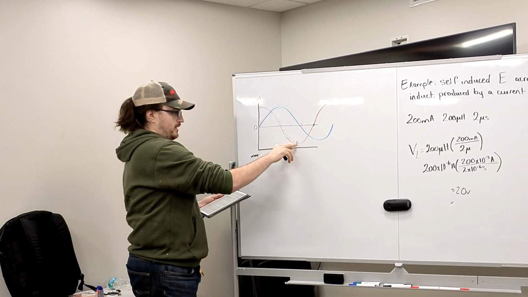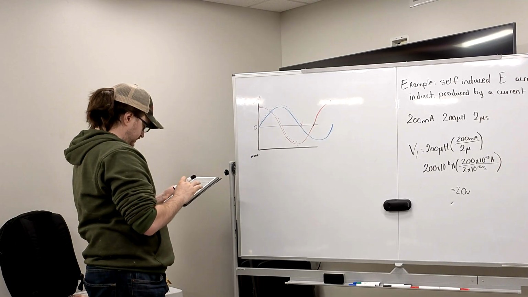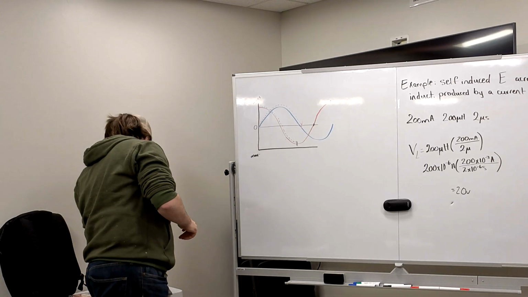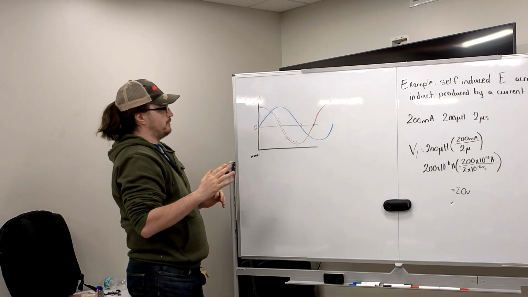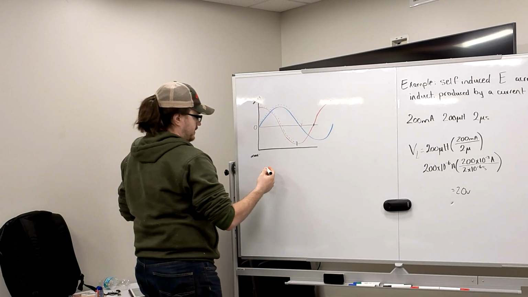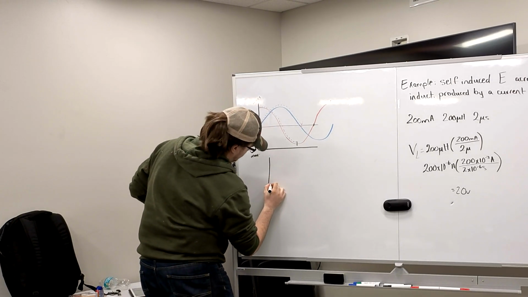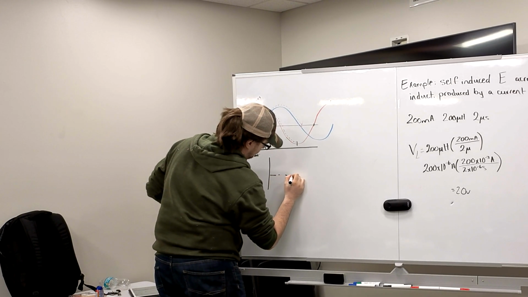And the way to think about this is, which parts of the graph are going to have the fastest rate of change? At zeros.